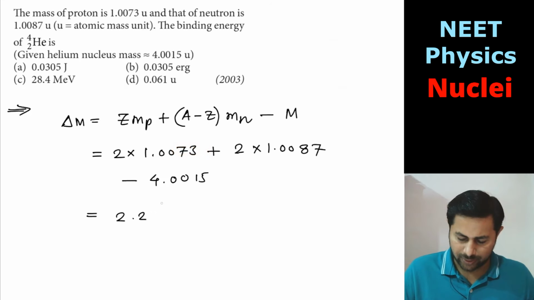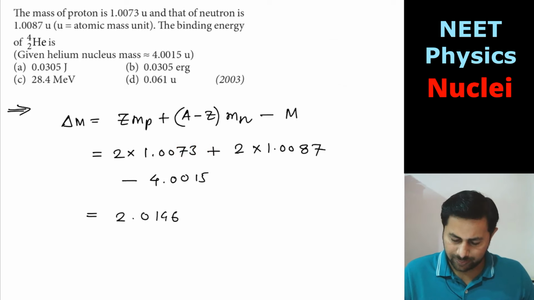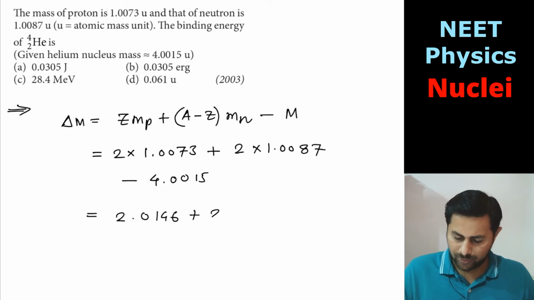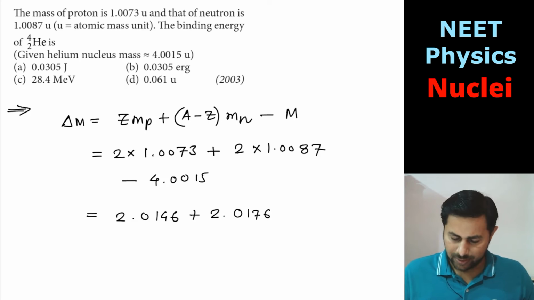So 2.0146, plus then 87 times 2 should be 174. So 2.0174, minus you have 4.0015. Just add this up.